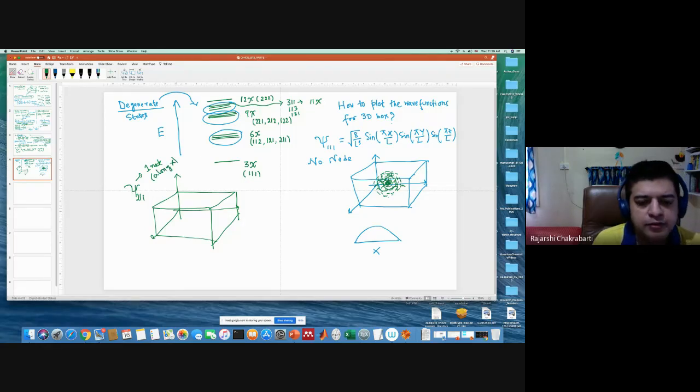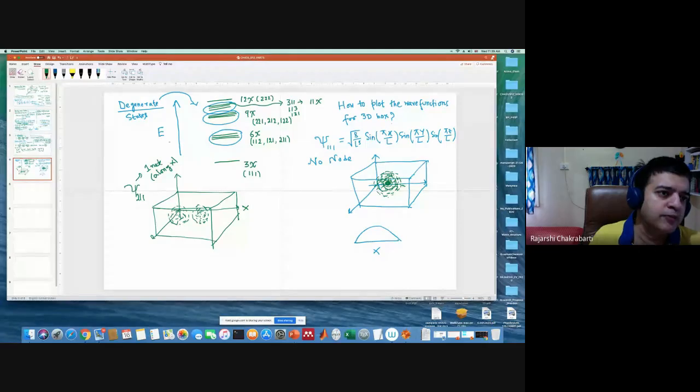So if you plot, you will see that it will look something like this. This is your x axis, and this will look something like your p orbital. This one looks like s, and this one looks like a p orbital.